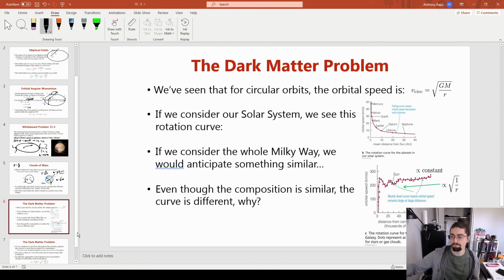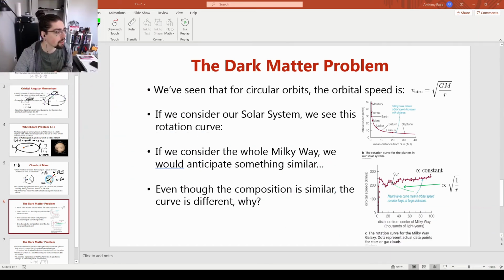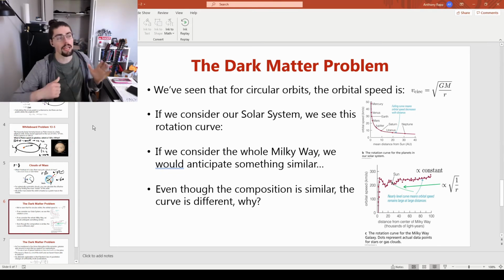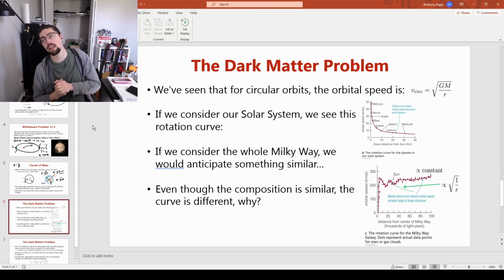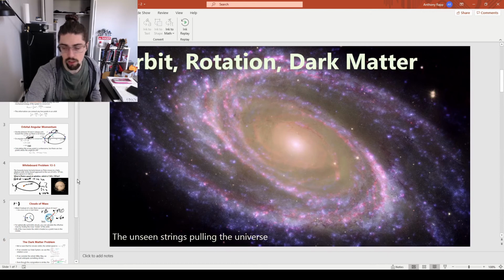We have seen, for circular orbits, our full equation at this point, and let me move myself over a little bit so we can actually see the subtitles that I've got down here. If I am dealing with any sort of orbital motion, circular motion, we can look at this thing and say, hey, that looks kind of like a circle.